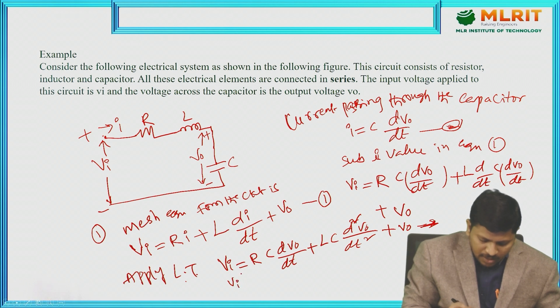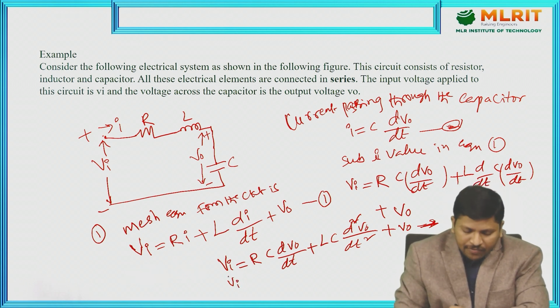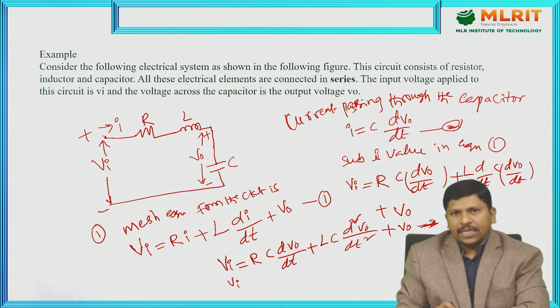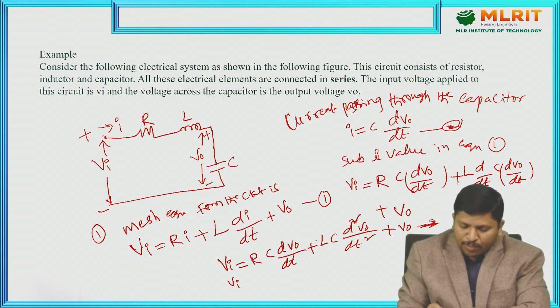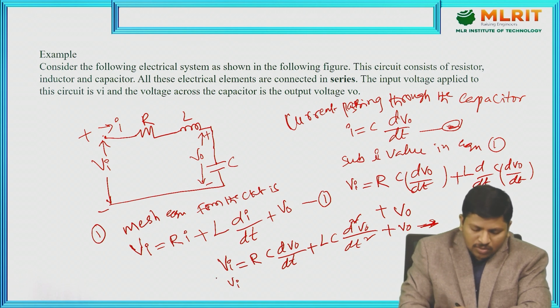Here we are getting Vi equals R into C dV0 by dt plus LC into d square V0 by dt square plus V0. This is our equation. From this equation I am going to take LC common, which will move to the left side of the equation. So this one is 1 by LC.